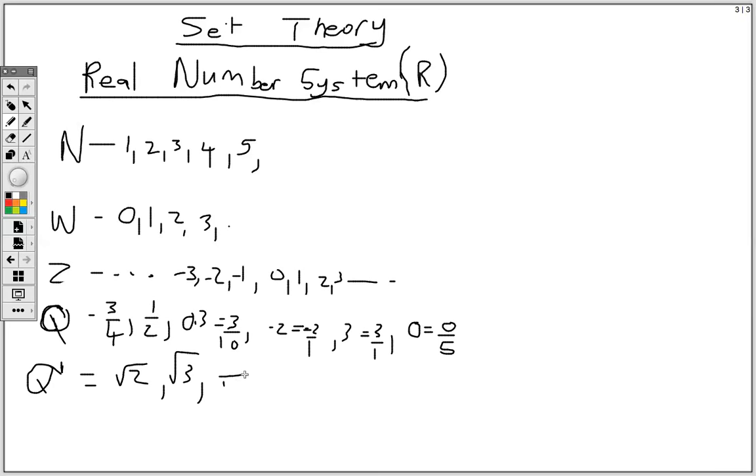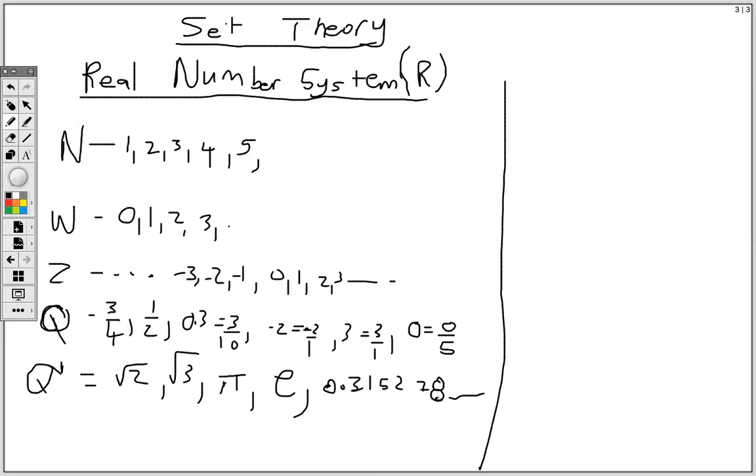We have pi, the symbol, along with e, which has repetition of numbers that has no pattern. We can just write a number 0.3152778, and it continues, and this is considered to be irrational.